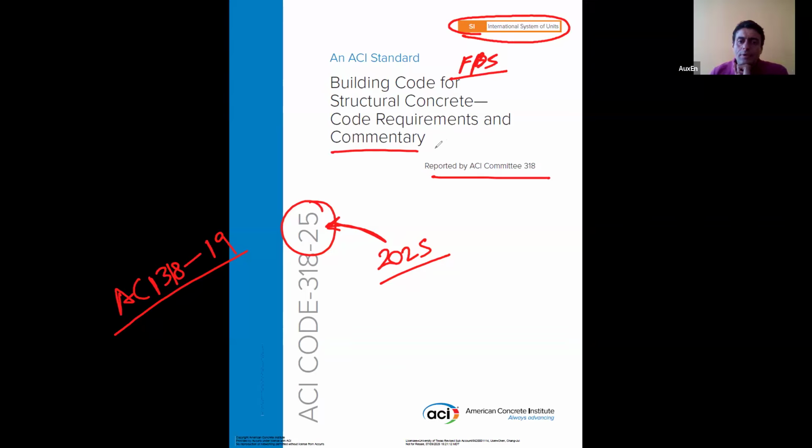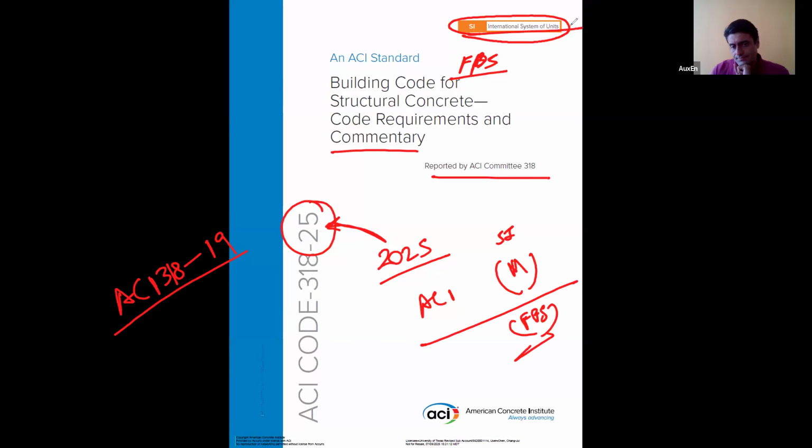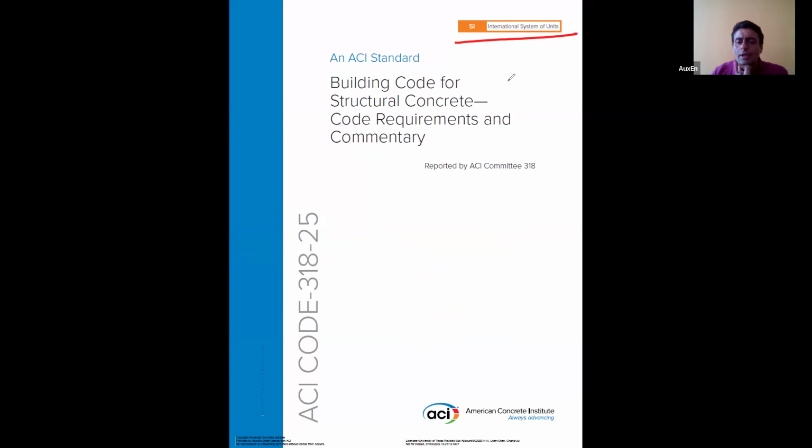So you will always get two versions of the ACI codes or standards. One will be in the metric or SI system, and one will be in the imperial or FPS system. Understood? So this is the code in the metric system. Throughout the course, we will be doing the calculations, or referring to the metric units code. I won't be going into the FPS system.